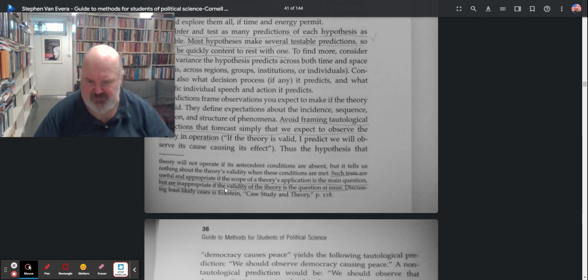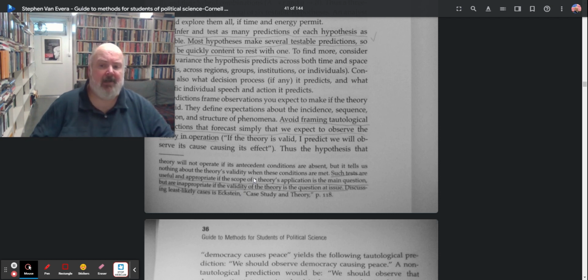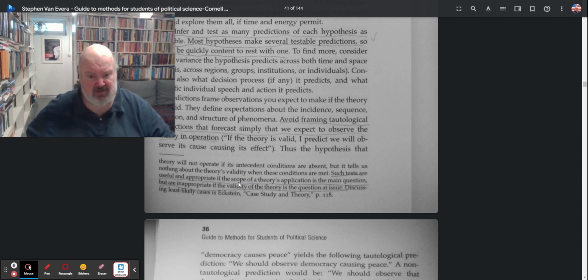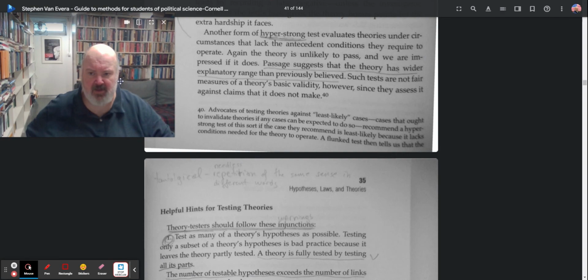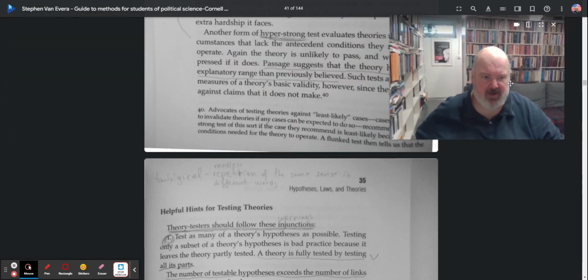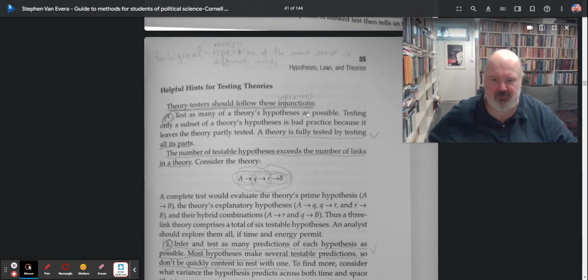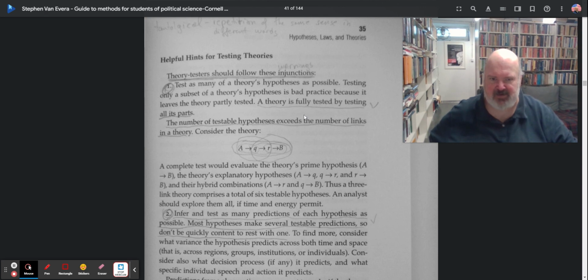But it's inappropriate for testing the validity of the theory itself. It's useful for understanding the scope of the theory's application, but not for the validity. So that's why this question is important to understand. Now we go back over here again, and deal with helpful hints of testing theories.